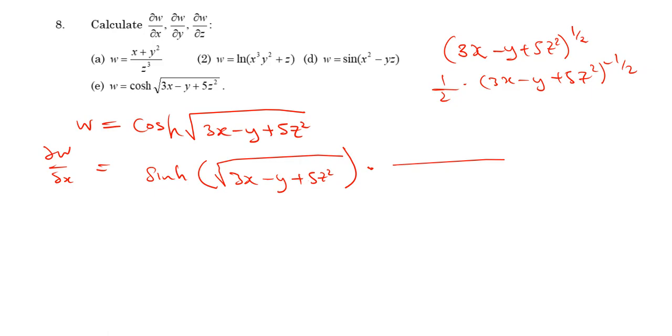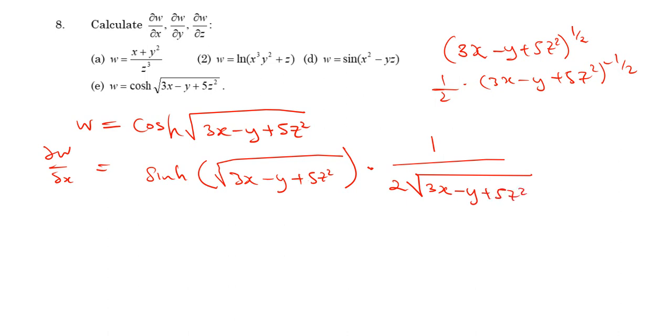Because that has a negative power, I write it in the denominator with the square root there: 3x minus y plus 5z squared. So this is what I get.